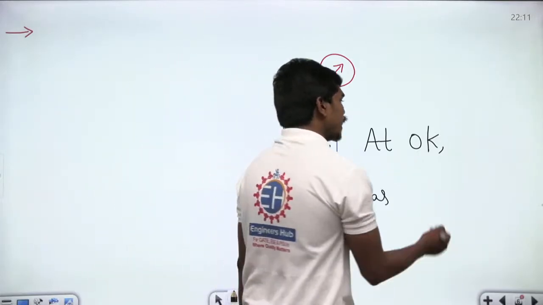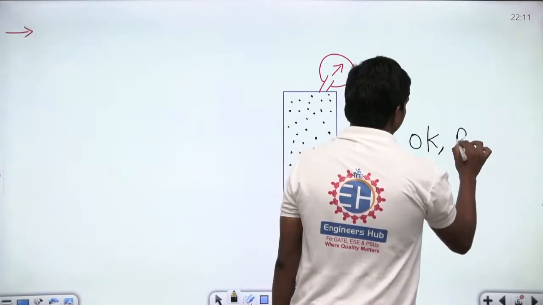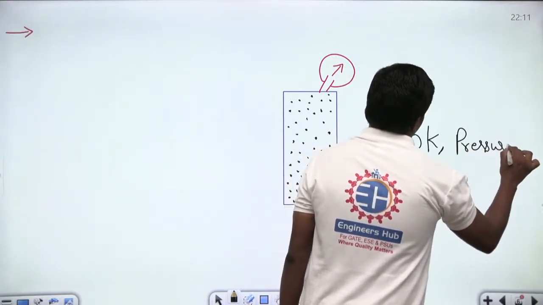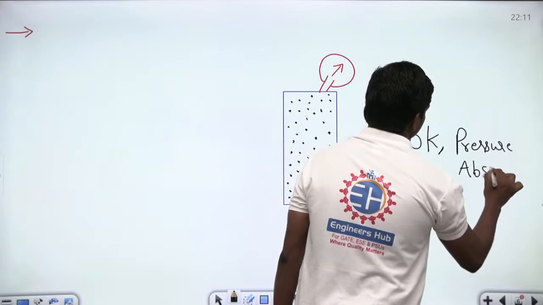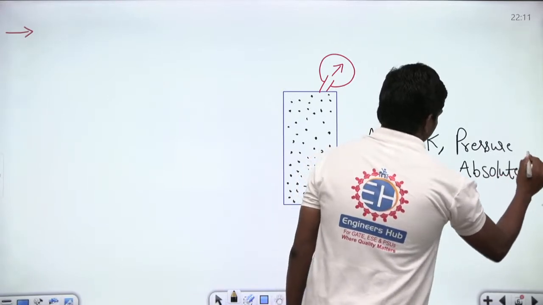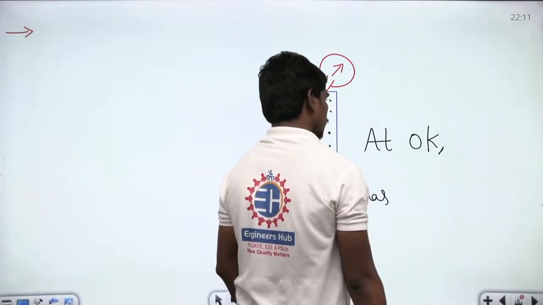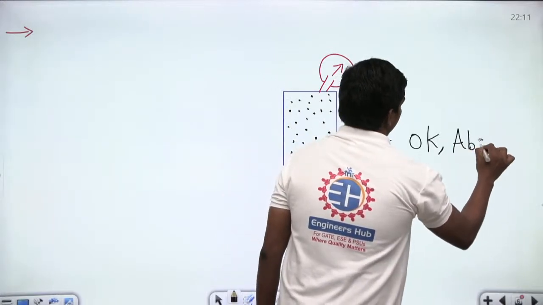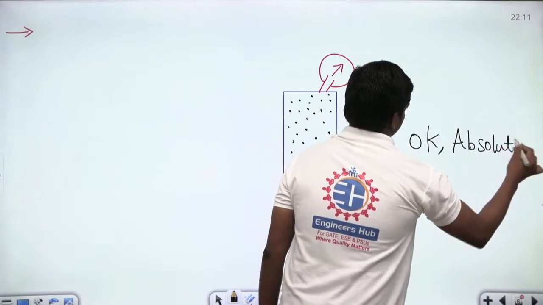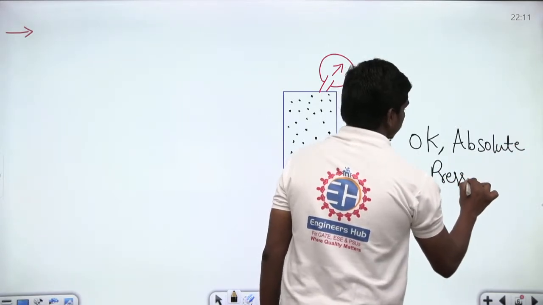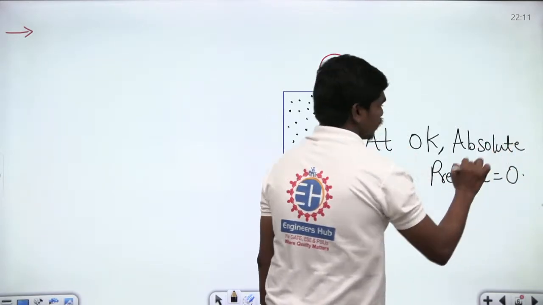Now, what happens at 0 K? Write absolute pressure. So at 0 K, absolute pressure is equal to 0, correct?